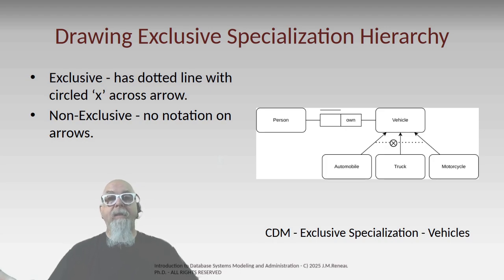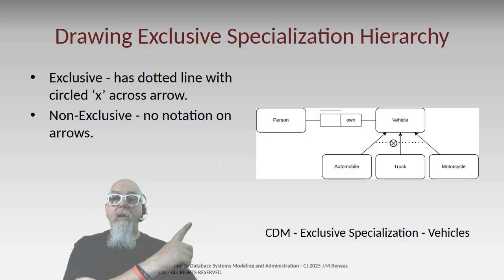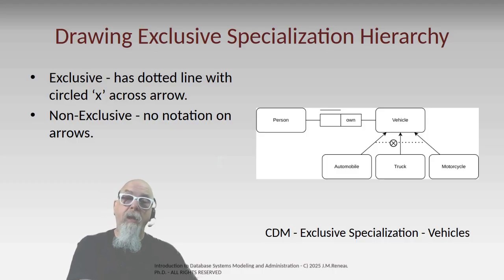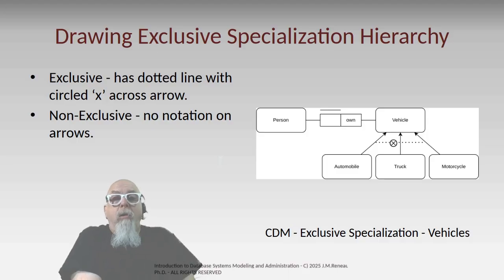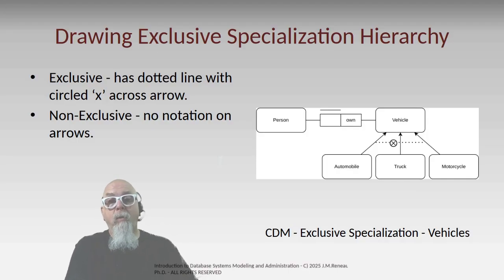It just doesn't make sense. So in this diagram, we have a little bit more detail that a person owns many vehicles. A vehicle is owned by one person, but a person could own a motorcycle or a truck or a car or multiple cars or multiple trucks or a whole combination of things. But a vehicle can only be one of the subtypes.